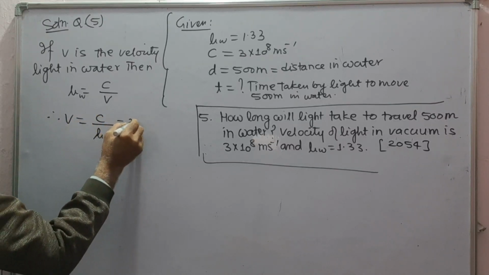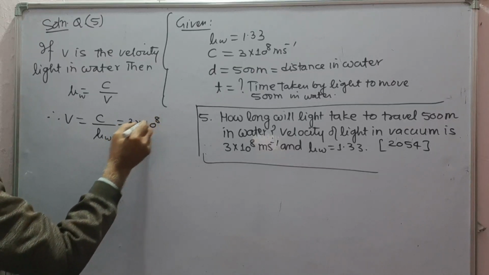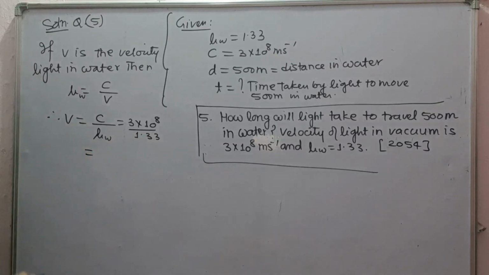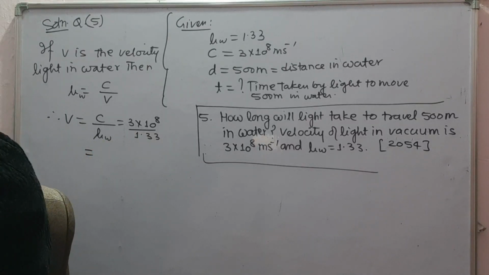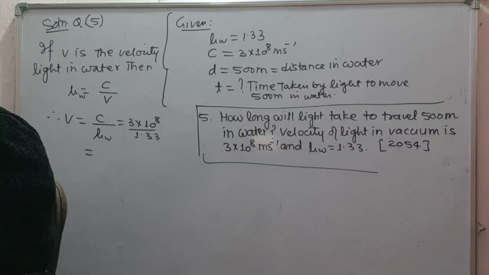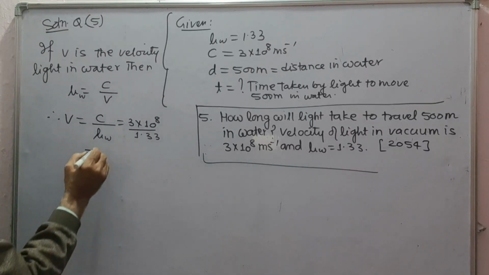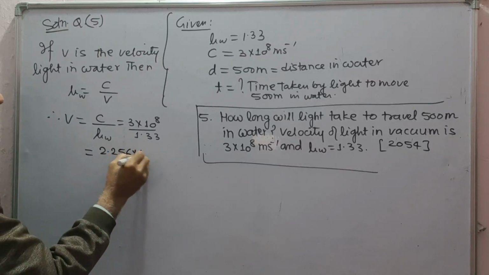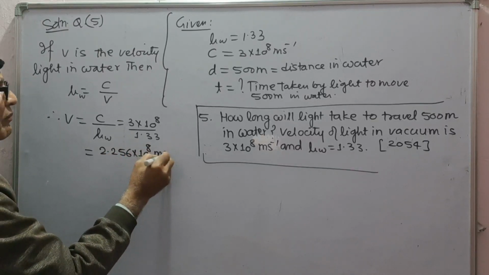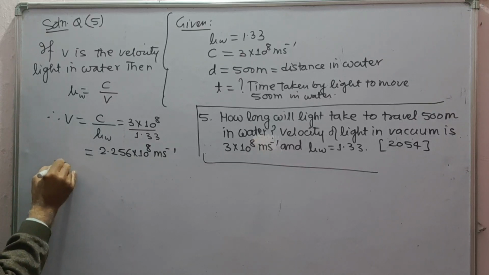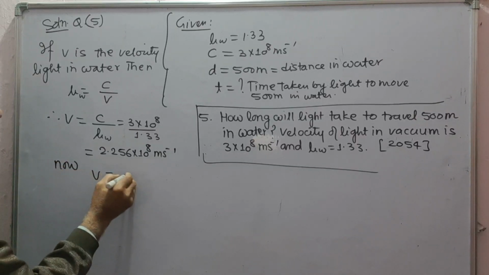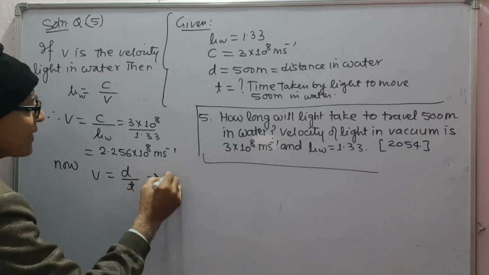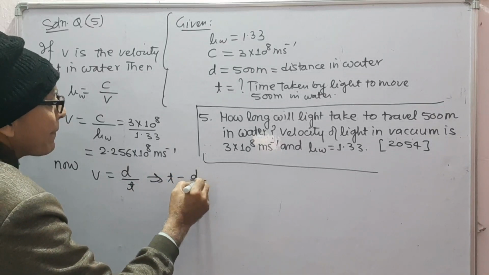C is 3 into 10 to power 8 meter per second and mu is 1.33. So, V comes to be 2.256 into 10 to power 8 meter per second. Now velocity is the ratio of distance upon time. Therefore, time taken will be equal to d upon v.